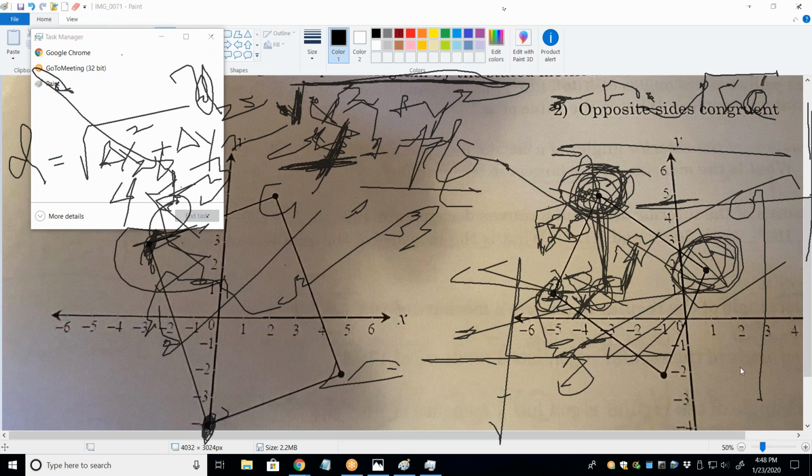Normal drawing. No arrow. Let's see what happens when I put arrow in there. Didn't help. But at least I got it to register.